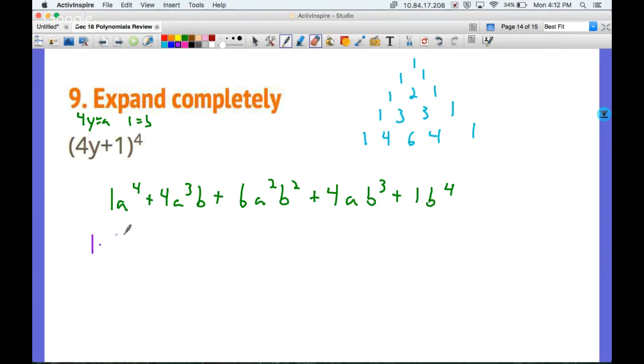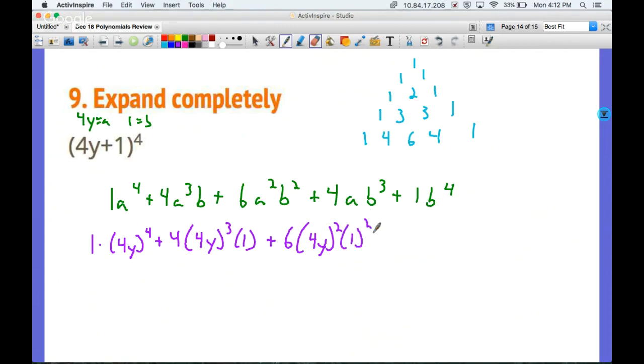So we got 1 times 4y to the 4th plus 4 times 4y to the 3rd times 1 plus 6 times 4y squared times 1 squared plus 4 times 4y times 1 cubed plus 1 times 1 to the 4th.